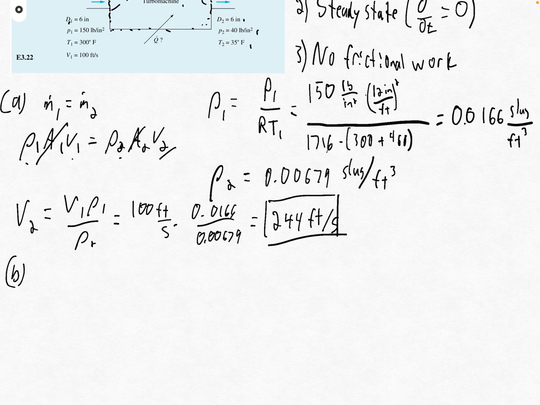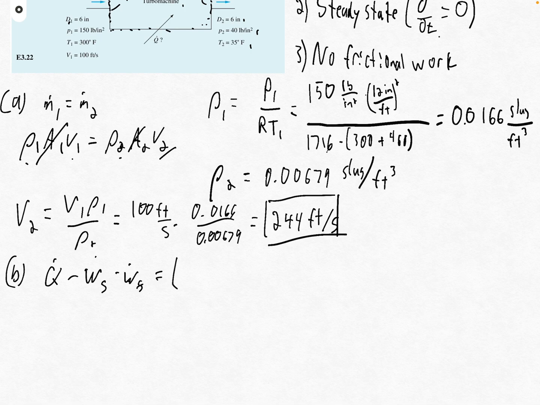Remember, we're assuming steady state where dT/dt is equal to 0. And so we'll start with Q dot minus shaft work minus work due to friction is equal to the outflows minus the inflows.